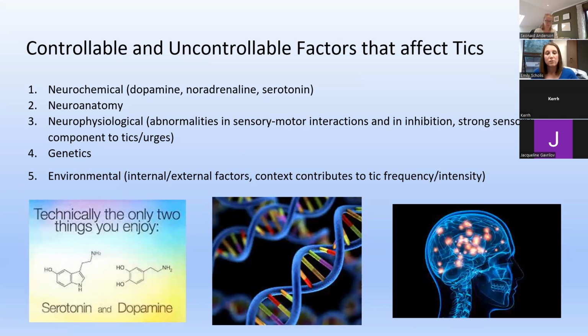Neurophysiology, so those sensory motor interactions, the inhibition control, the strength of that premonitory urge. We'll talk a little bit more later on about differences in sensory sensations. And then I know Dr. Anderson talked a little bit about genetics. They play a really big role.